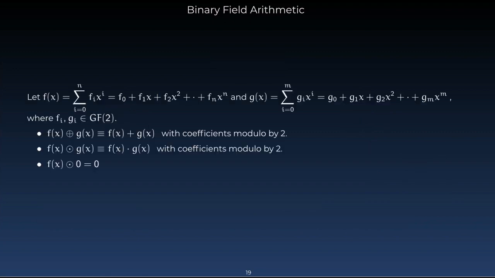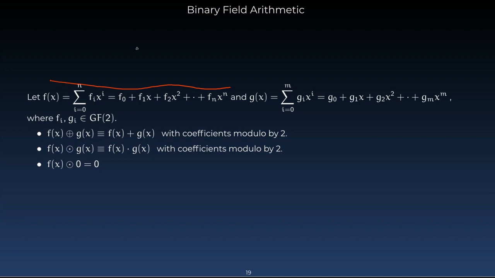Now we are going to start with binary field arithmetic, but before that we have to quickly define some things. The very first thing is the polynomial. A polynomial over GF(2) has a general form like this, where the coefficients of the polynomial should be elements of GF(2), and they can be only 0 and 1.